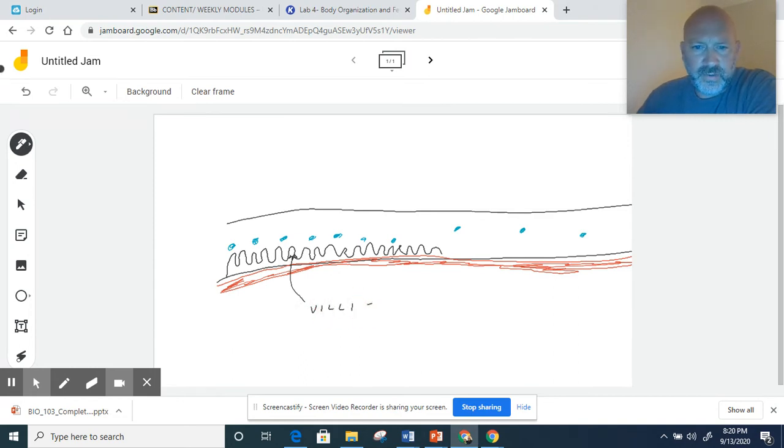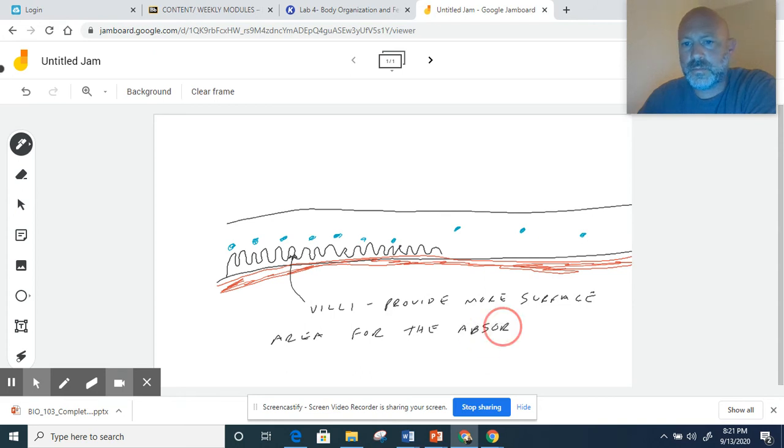And what they do is they provide more surface area for the absorption of nutrients. Which is kind of important.